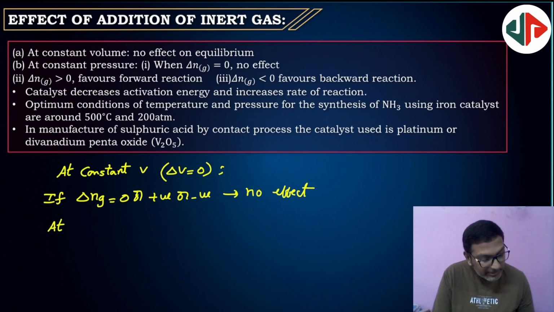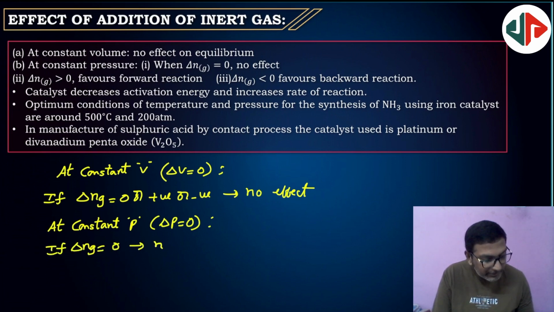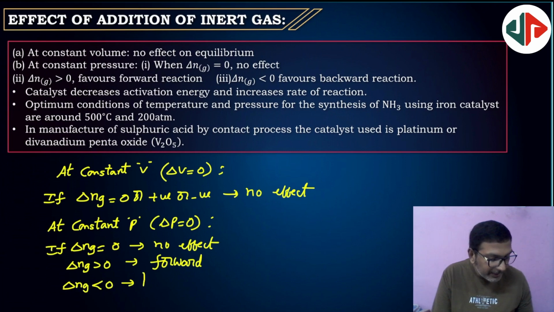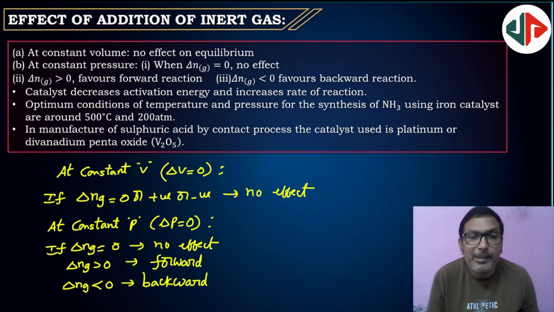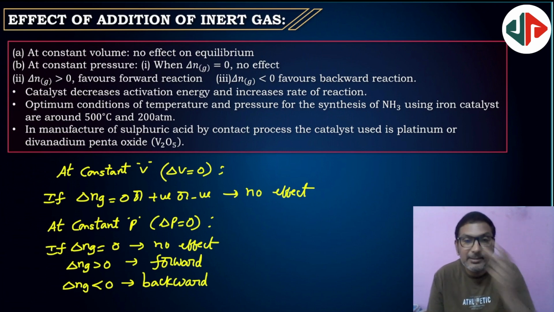But at constant pressure, that is delta P equal to 0, so if delta Ng equal to 0, no effect. If delta Ng greater than 0, forward, and delta Ng less than 0, backward. Very, very important. That is addition of inert gas at constant volume, at constant pressure.